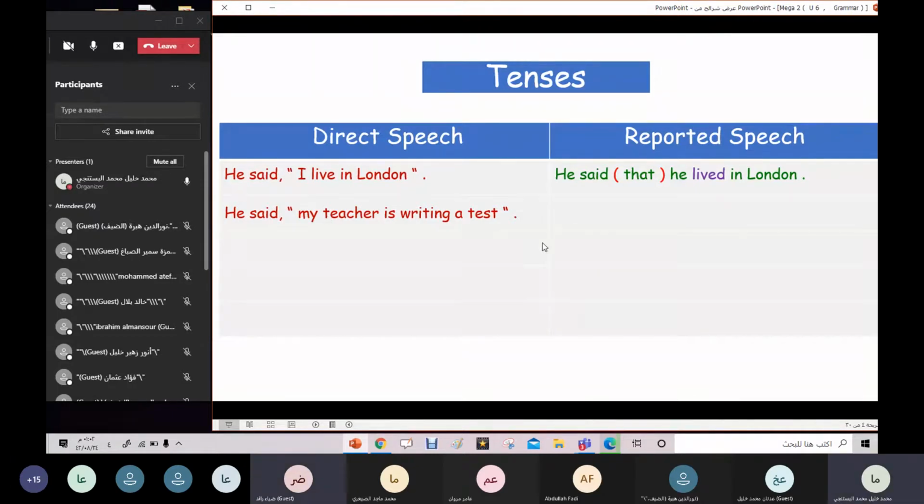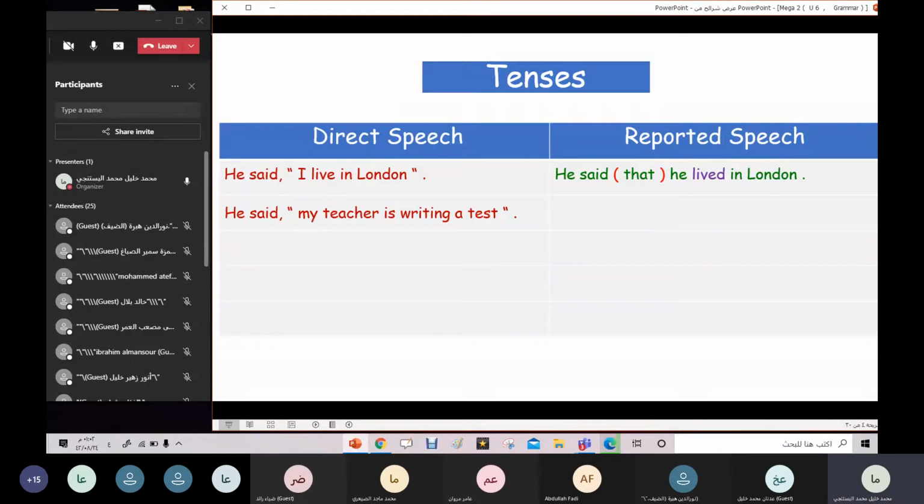Should we change it? His teacher. Good. So here we have two things that we have to take into consideration: the tense, change the simple present into past, and the pronouns. Here we have my, change into his.